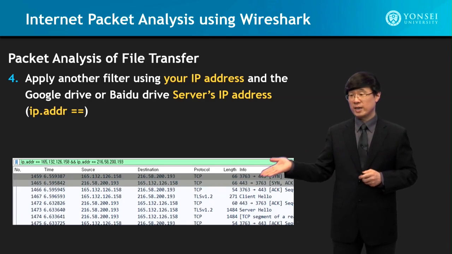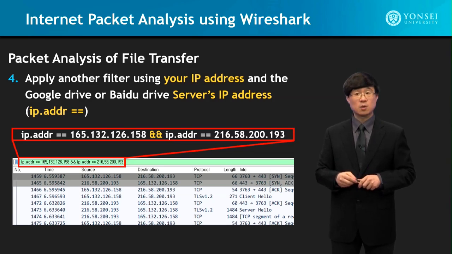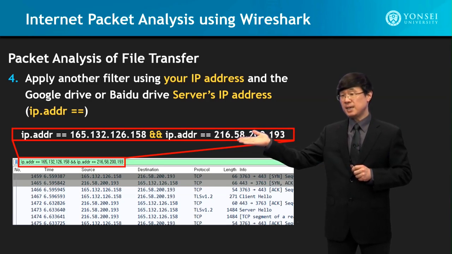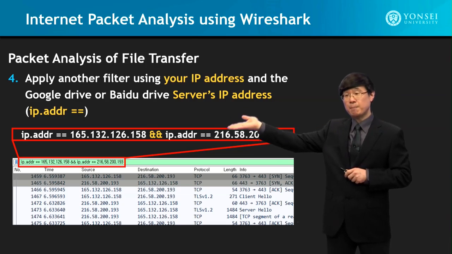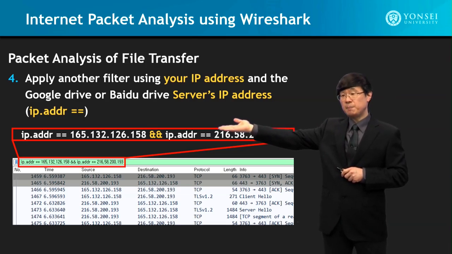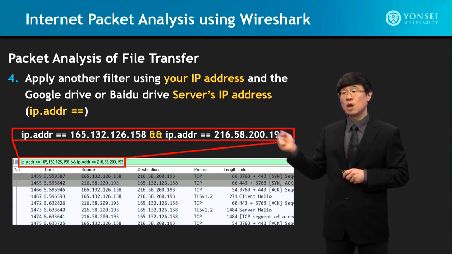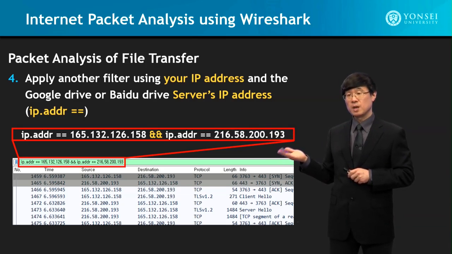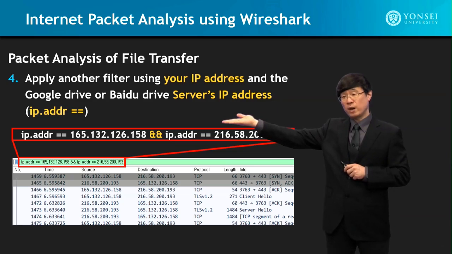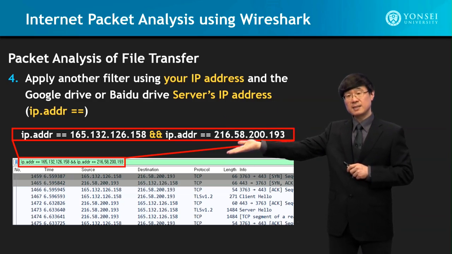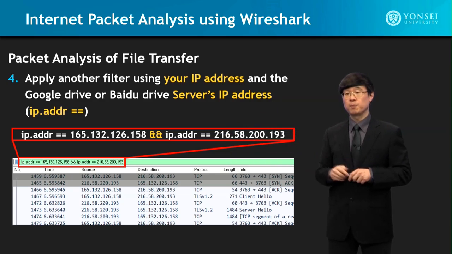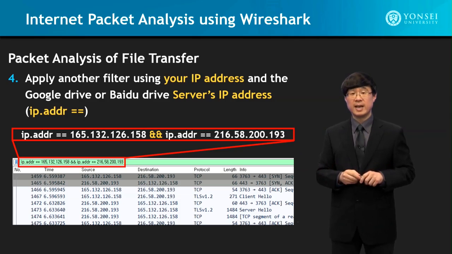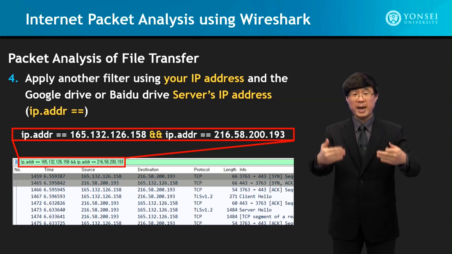In other words, right here, you can see this, where it says ip.addr ==, that's my IP address, and then you see &&, and then you see another ip.addr == with this address right here. So you put your address over there, the && symbol in the middle, and then you put the server's IP address right here.